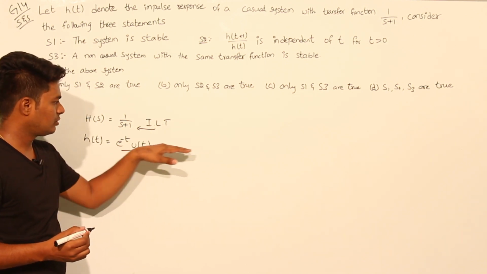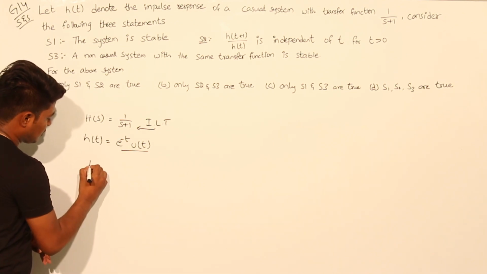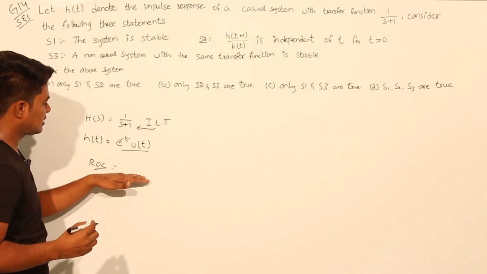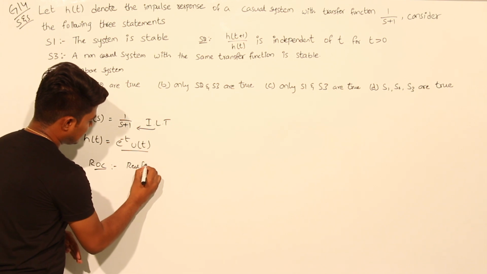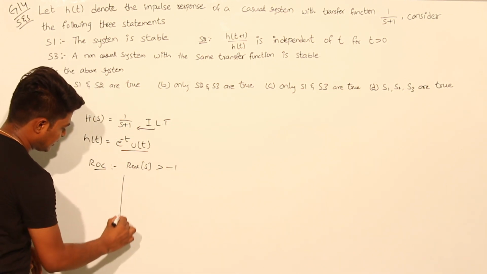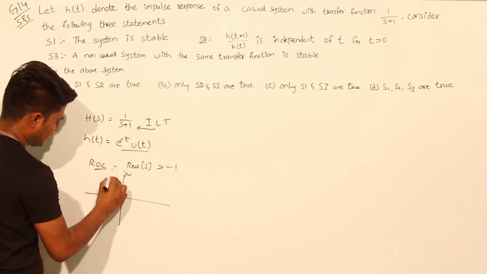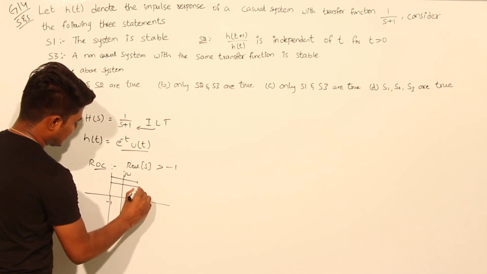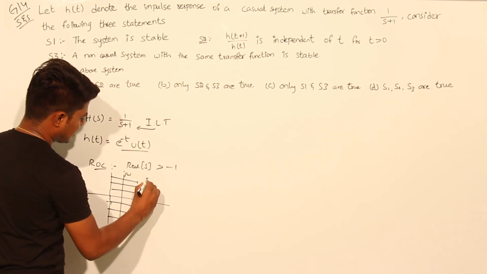U of t is positive in the time axis. So if you draw the ROC, that is region of convergence, it will become real part of s is greater than minus 1. If we draw the graph for this, this is j omega, this is minus 1, and the region is greater than minus 1, and this is the s plane.